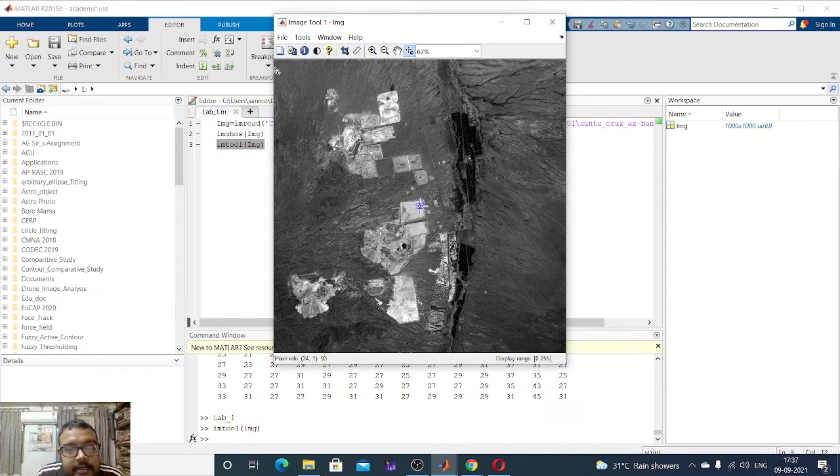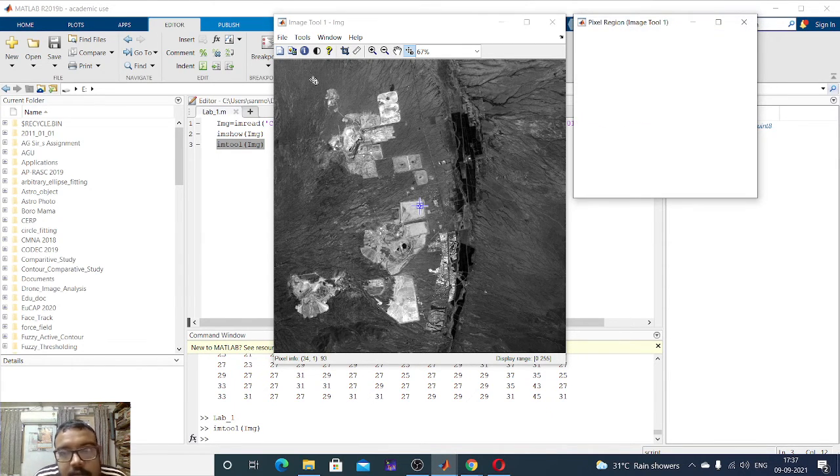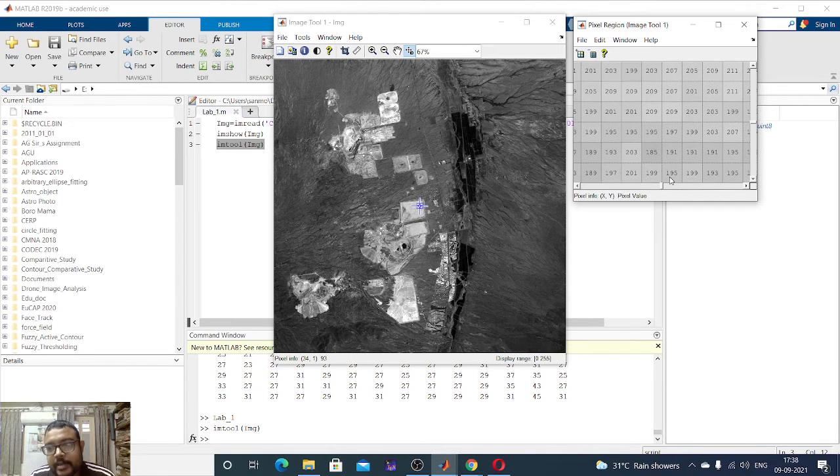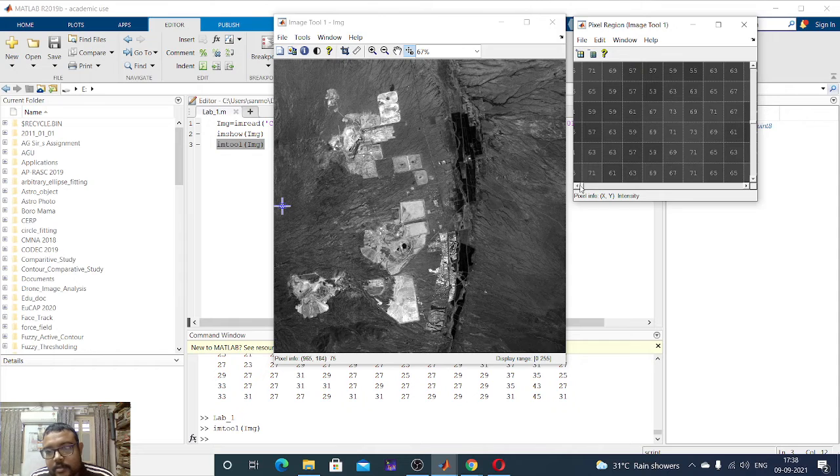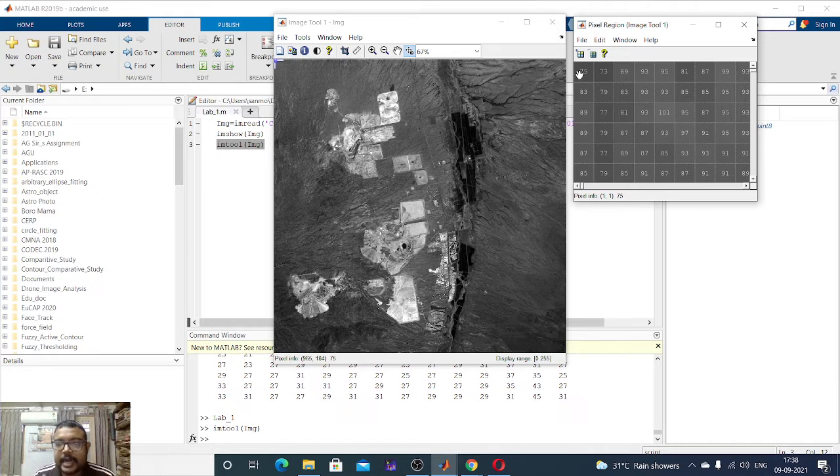And see, here you get the pixel information, right? Here you can check any pixel information.